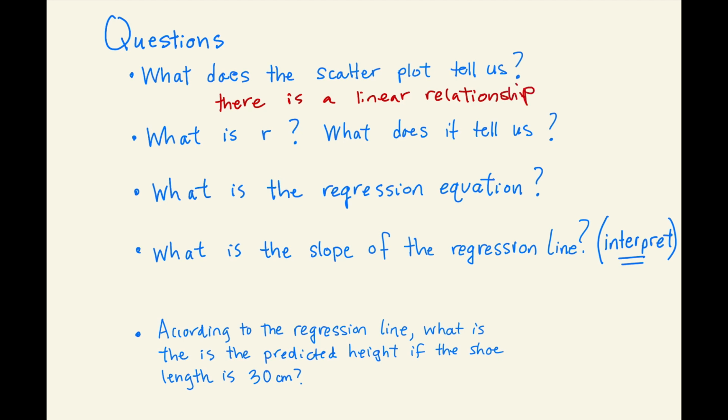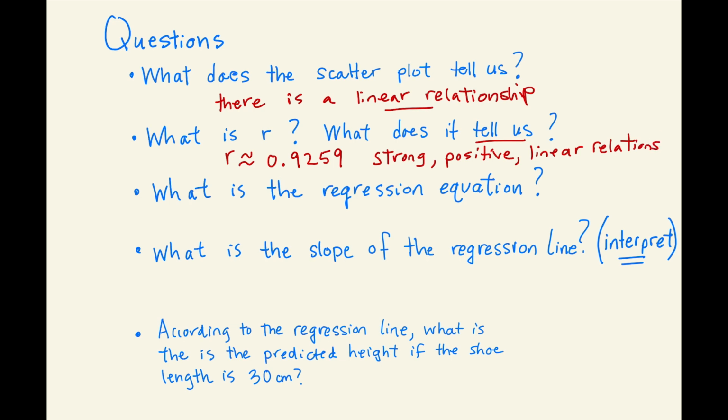And the linear correlation coefficient was about 0.9259. Since the scatter plot did exhibit a linear relationship, this tells us that there is a strong positive linear relationship in the sample.